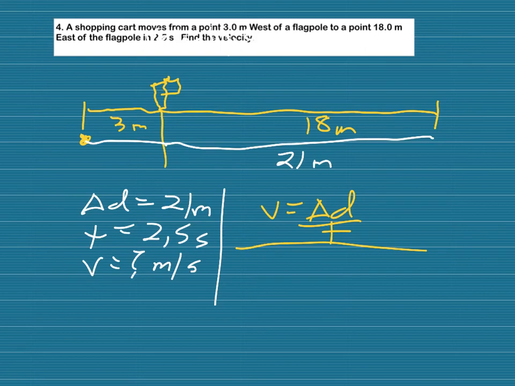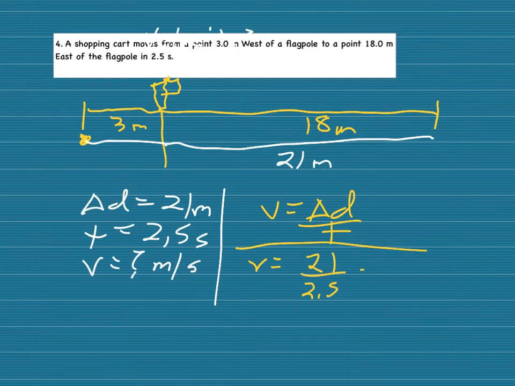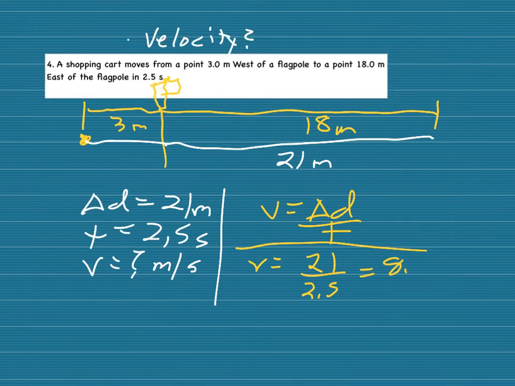Then I'm going to substitute and solve. And that would be 8.4, so I'm going to show that as 8.40 meters per second. And in this case, I could use a direction because this would have been 21 meters east. So I would want to include that in the answer since it gave me a direction.